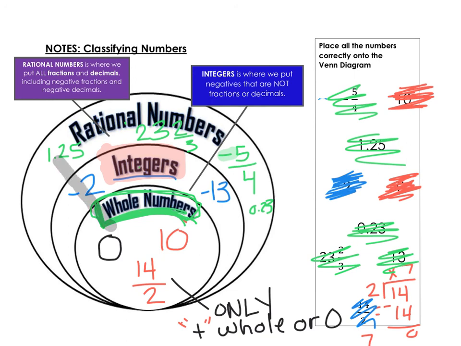Whole numbers are all three, right? Integers are just these two. And you can think of rational numbers like your really, really unpopular group, right? Look at these numbers. They're ugly. They're numbers we don't like. Okay? If you're in the rational numbers group, you are only a rational number. You cannot go into any of the other groups.